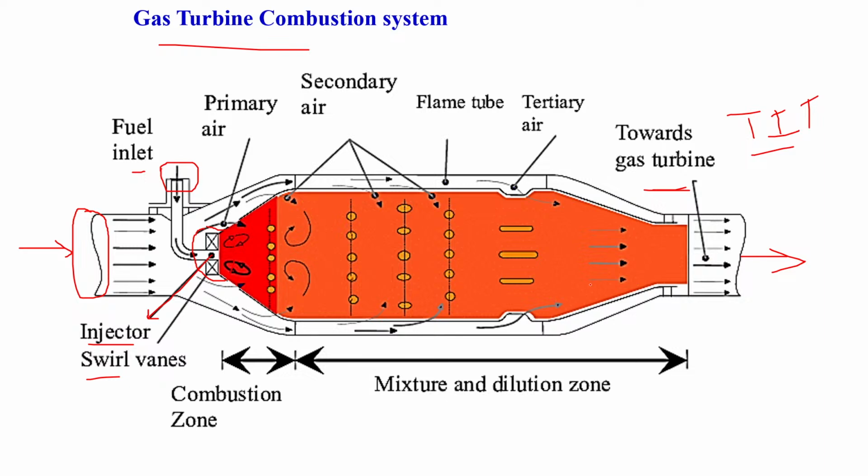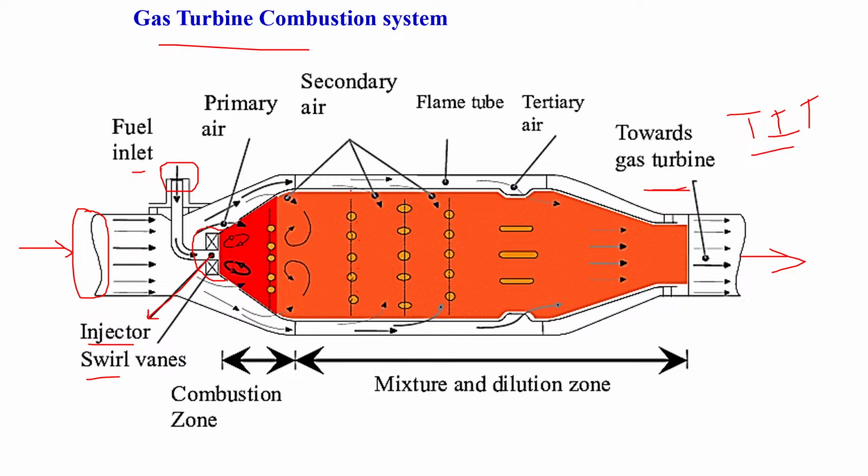This is the flame tube and this is the tertiary air. These are the different holes, technically called the louvers. Different rows of louvers will be there, all to split the air into two different regions.